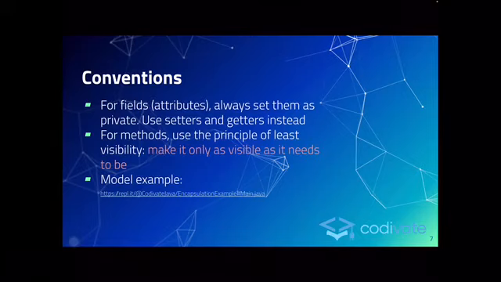So if you only need a certain part of a class to be private, only make it private. You should never make something more visible than it needs to be. For an example, you can visit the link right there to see what this would mean.